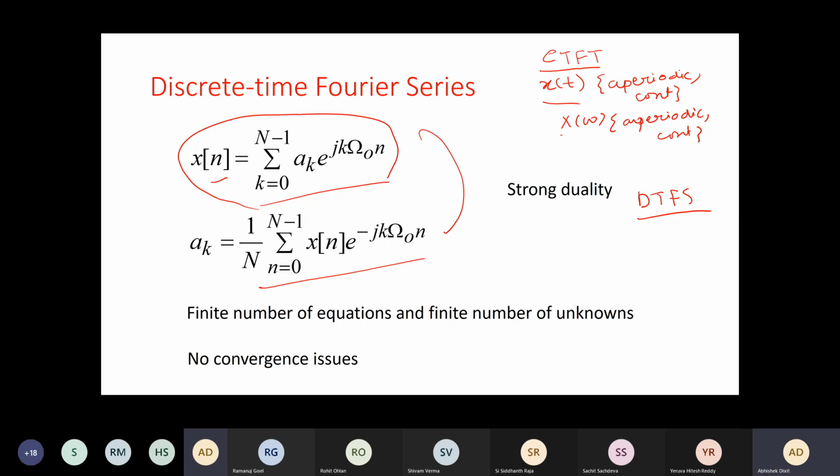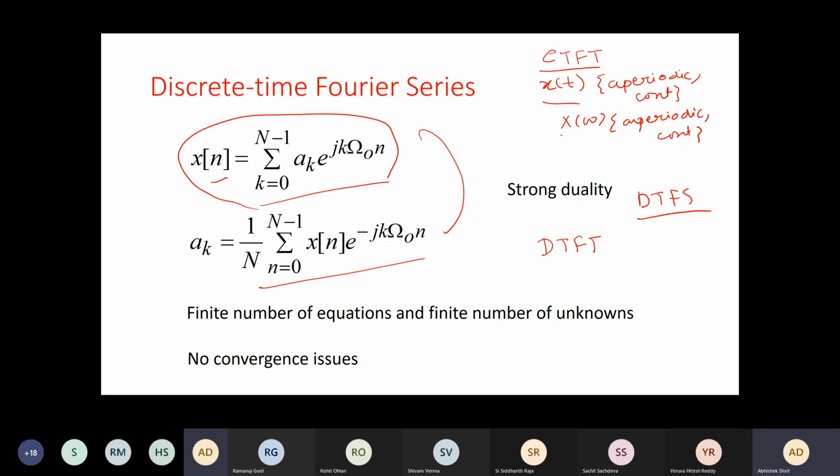But in DTFT there was no duality between the pairs, because the signal and transform characteristics were different. x[n] was discrete and aperiodic, but its transform was periodic and continuous. So the characteristics were different.